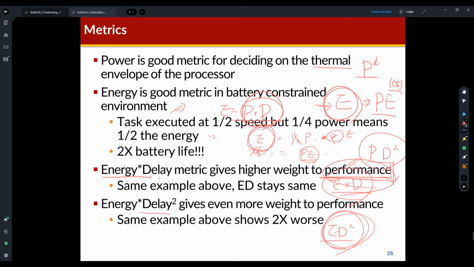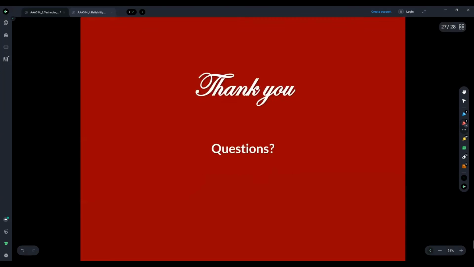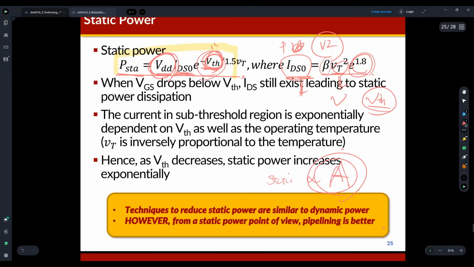Based on the different properties of the system, we can apply different cost metrics. Sometimes you can use ED or sometimes ED squared. I will stop here. Any questions?